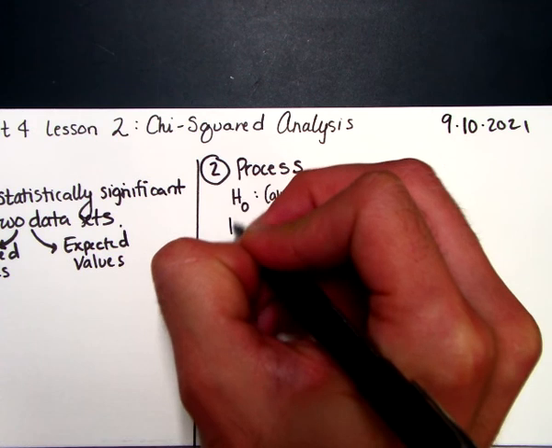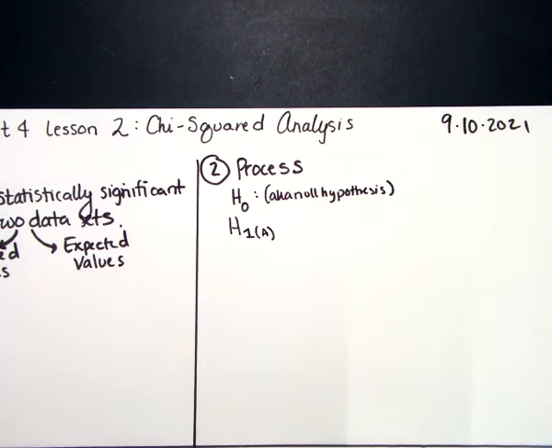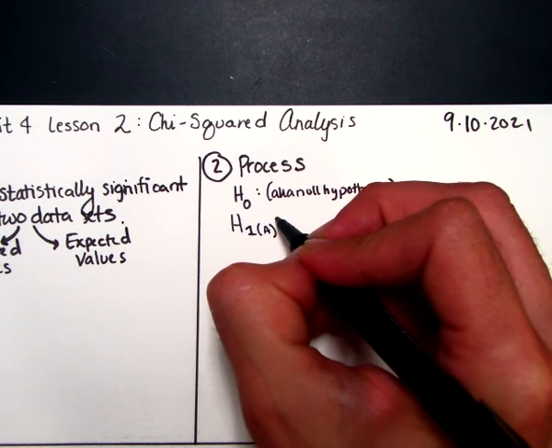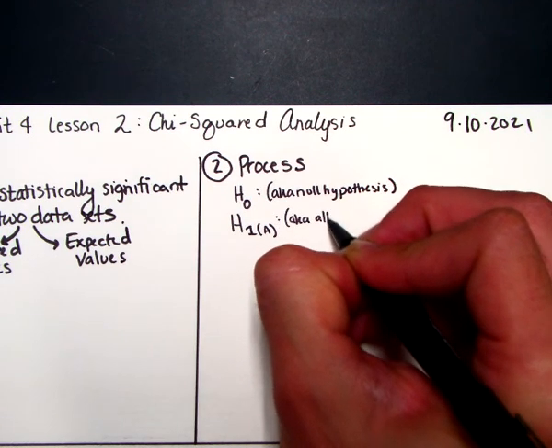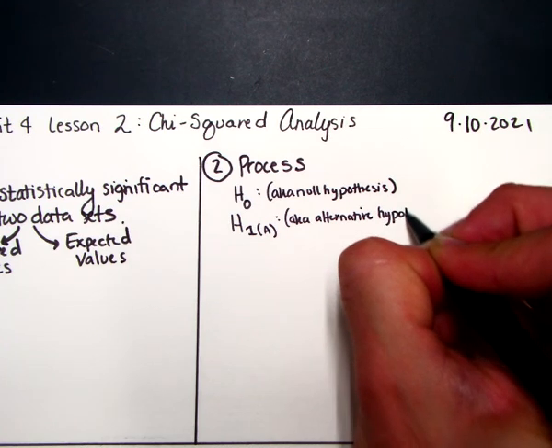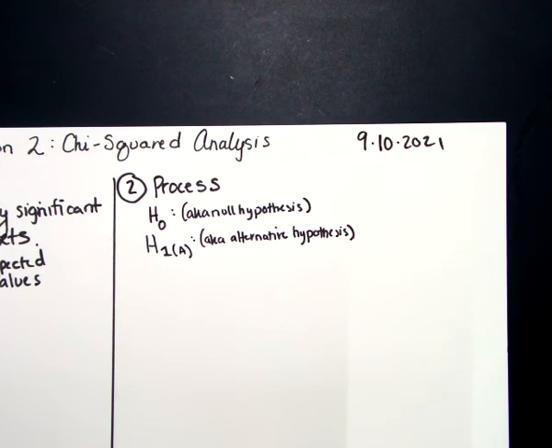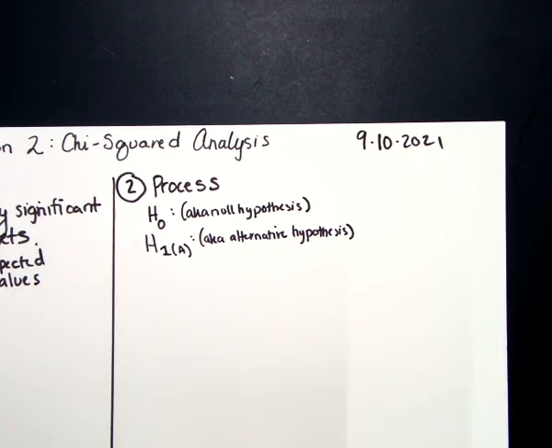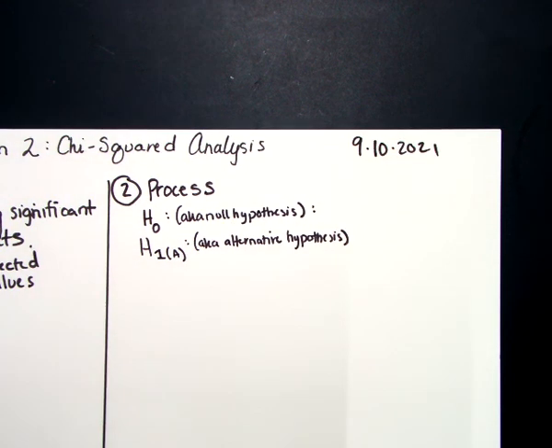And then you have H1, or it's also sometimes written HA. That is your alternative hypothesis. So, the process of a chi-square analysis test is you are testing to see which of these hypotheses is supported.